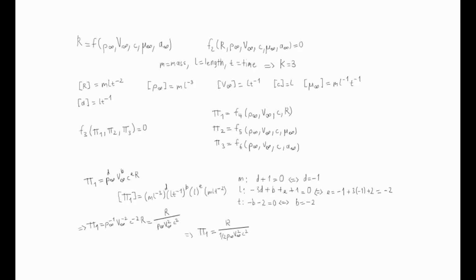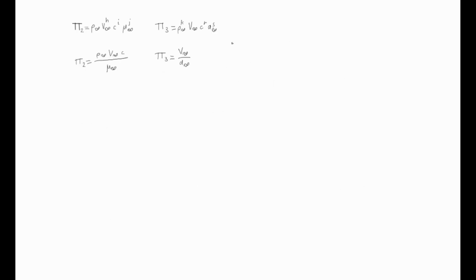In a similar manner, we can solve for pi2 and pi3. The formula of pi2 and pi3 give us the Reynolds number and the Mach number respectively.